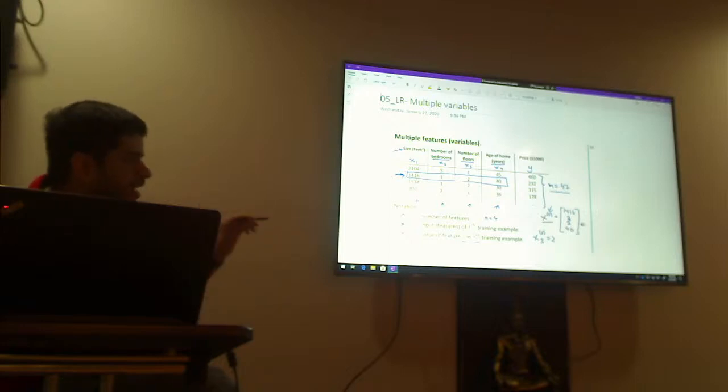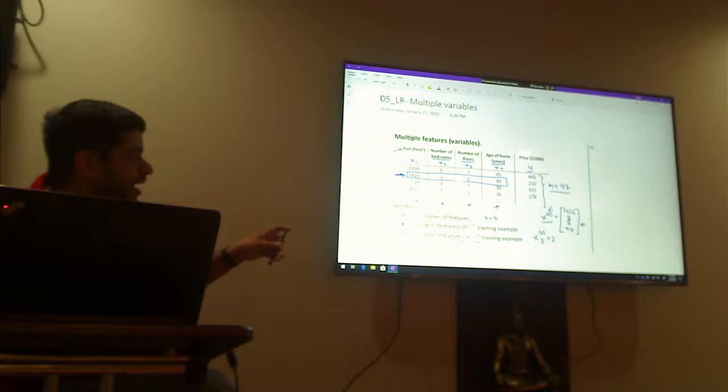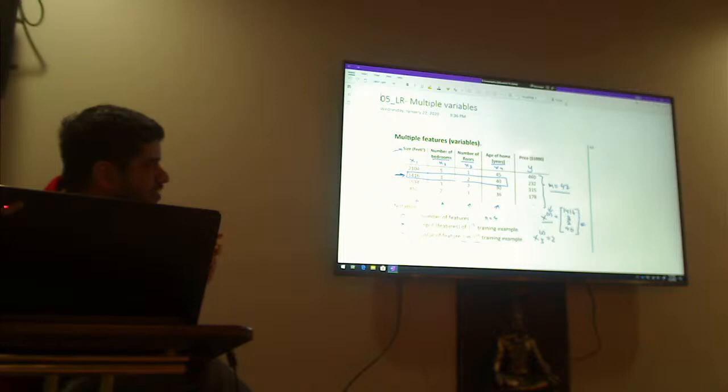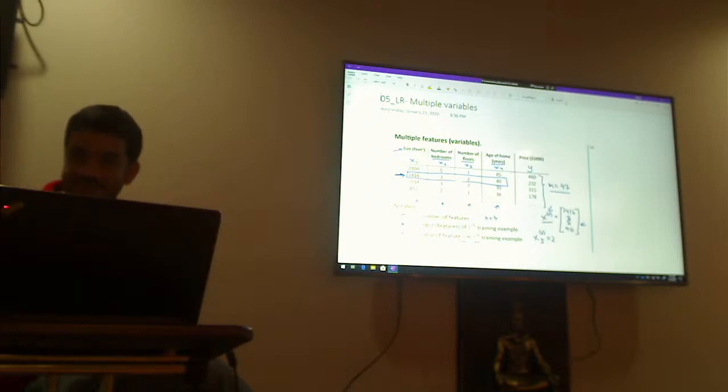So x(i) means the ith training example, and then x(i)j means what? Value of feature j in the ith training example. That's what it is. So here m represents what? n represents number of features and m represents number of items in the training set. Please pay attention, because otherwise it will just go away.